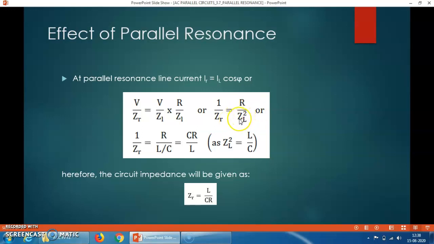And we know that ZL square is equal to L by C, which we derived just now.